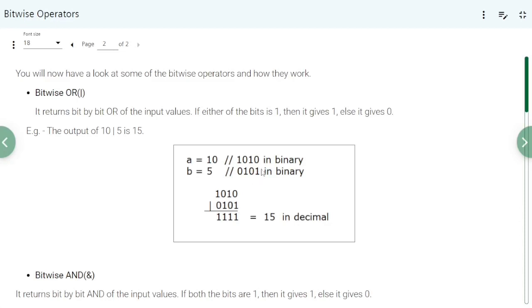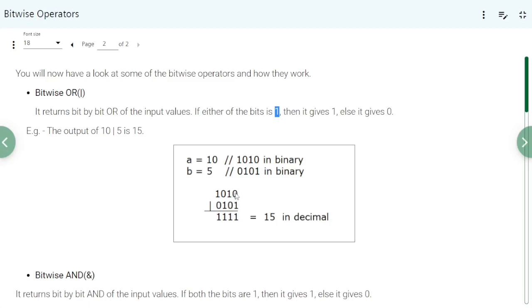Now it will have a look at the last bit of 5, which is 1 here. As we know, OR will look for 1. If it is not 1 here, it will look here. Okay, yeah, I got 1. So it will result in 1, because in either of the bits of these two numbers we have 1. That's why the result is 1.